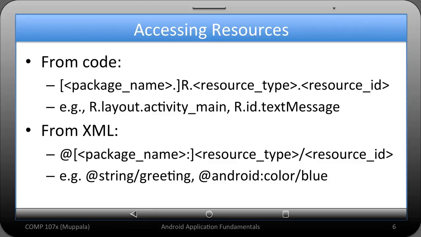You can also reference resources from within XML files that you include in the resources folder. In such cases, you will identify the resource by specifying @ and the resource type / the resource ID. So for example, @string/greeting, @android:color/blue, and so on.